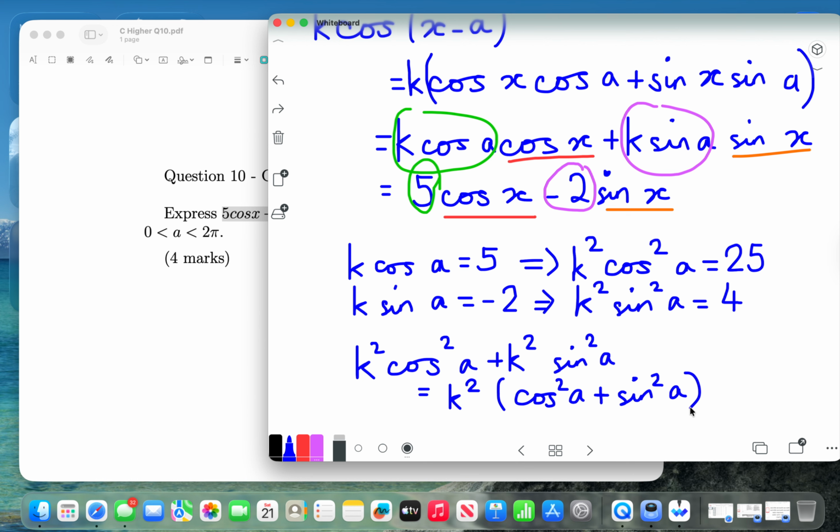And cos squared a plus sine squared a is 1. So that is k squared, and we get that by adding these two, so that's 29.